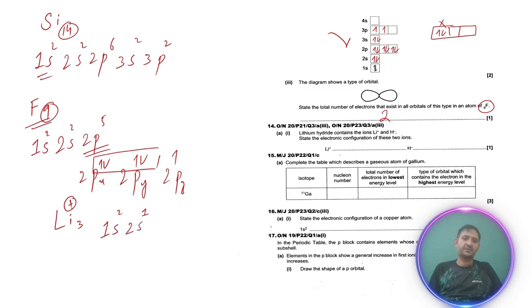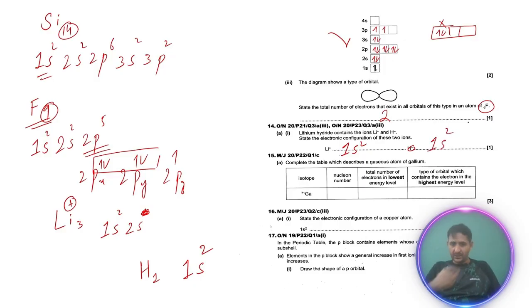But one of the electrons is removed from here, so I will write 1s2. It is 1s2 for lithium. And what about H negative? You know hydrogen is from group 1, atomic number 1. It is 1s1. But there's a negative charge on the hydrogen, so it will become 1s2. Both have the same electronic configuration.